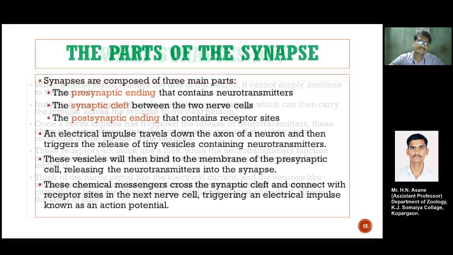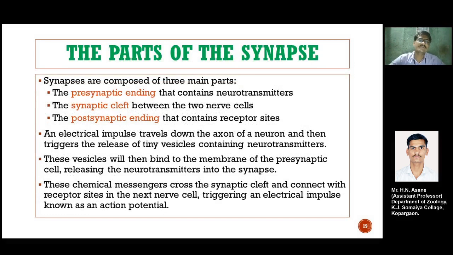What are the different parts of the synapse? The synapse is composed of three main parts. The first one is the presynaptic ending of the first axon, and that contains the neurotransmitters. Neurotransmitters are chemical signals, packed in vesicles.